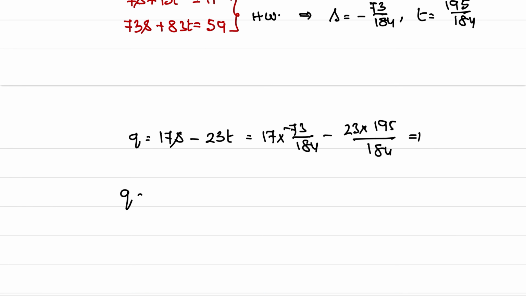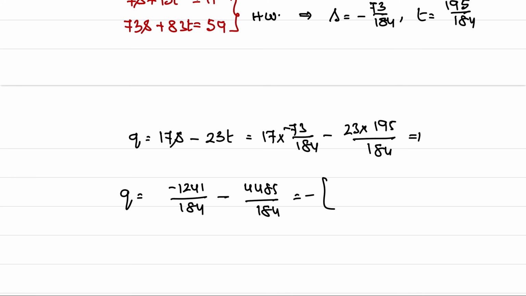That implies Q is equal to minus 17 into 73, minus 1241 by 184, minus 23 into 195, 4485 by 184.